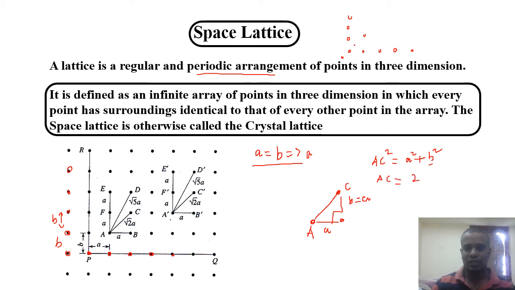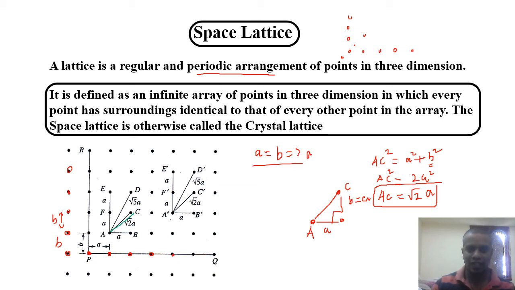Because b equals a, a squared plus a squared is 2a squared, which equals AC squared. Taking the square root on both sides gives AC equal to the square root of 2 times a squared; the square root cancels, and it's root 2 times a. That is given here in this diagram, the distance between A and C.